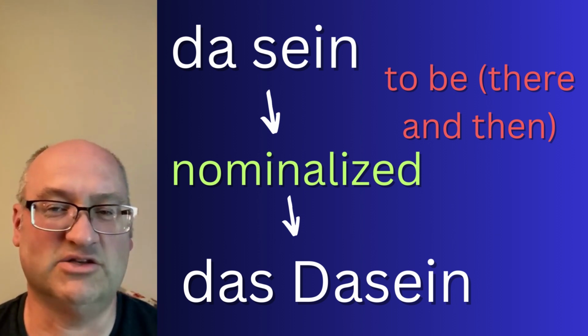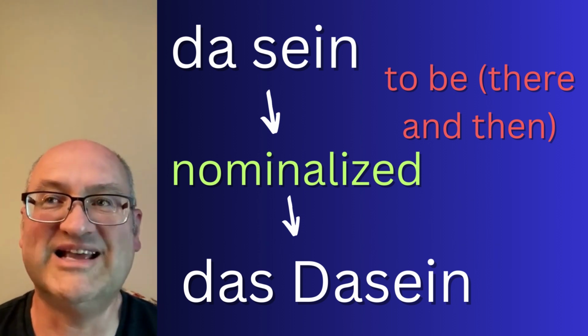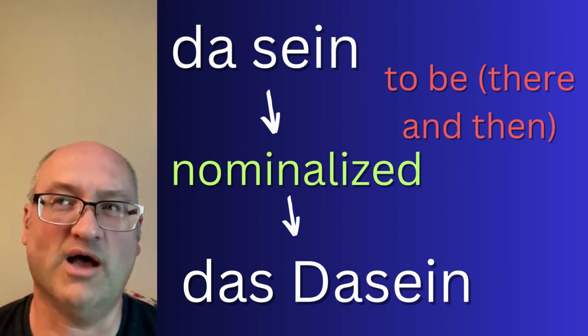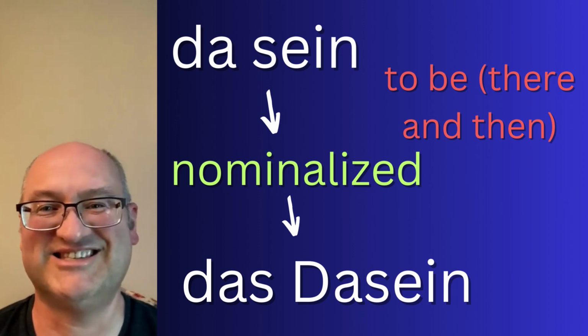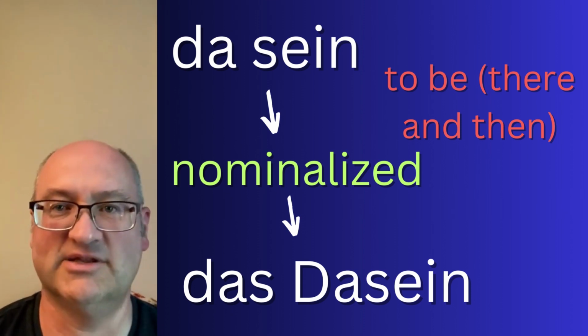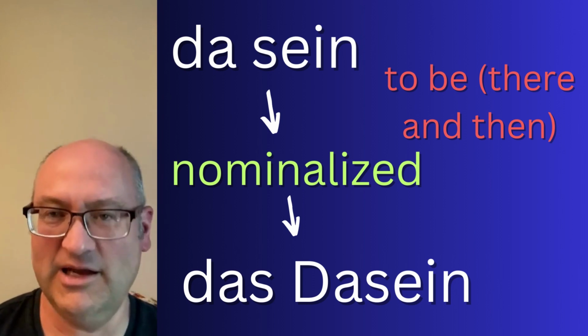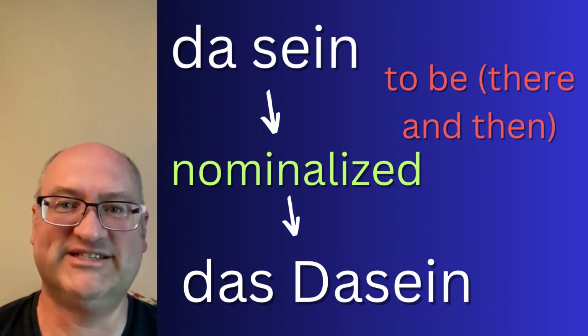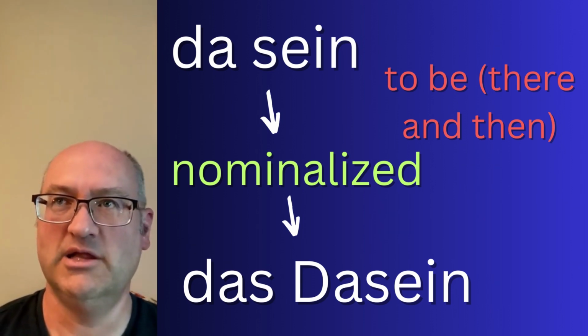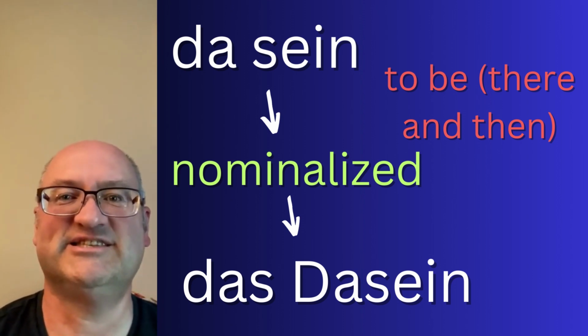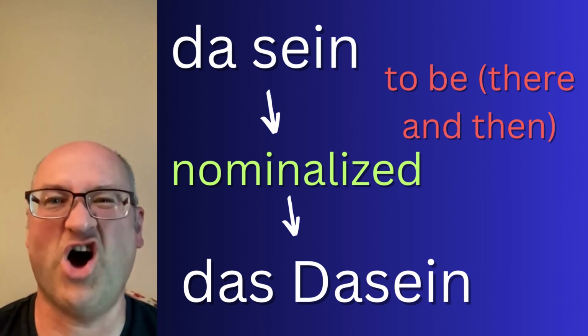It doesn't mean like "to be there," but existence. The whole concept of existence. So existentialism kind of feeds into that, or is related to that, is connected to that. But it's hard to translate exactly into English just because the word "da" has that loaded meaning of setting, right? In context.